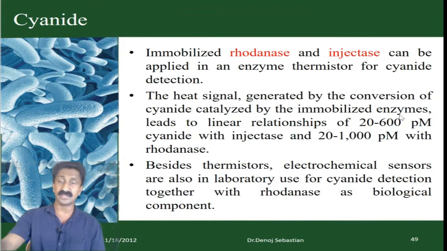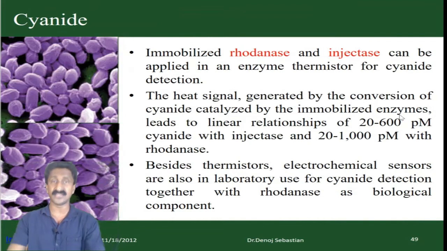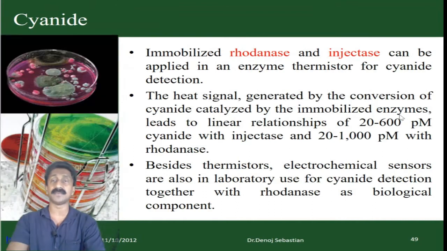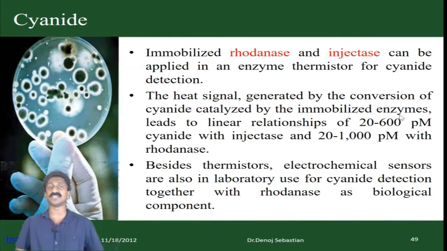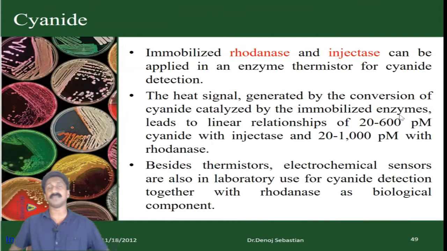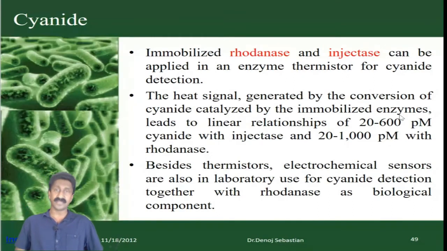If you are using injectase as the enzyme for cyanide detection, you can detect about 20 to 600 picomolar, or as low as 20 picomolar of cyanide molecules present in the sample. And the other one, with the rhodanase enzyme, has the same sensitivity of about 20 picomolar, and you can go up to 1000 picomolar detection range.